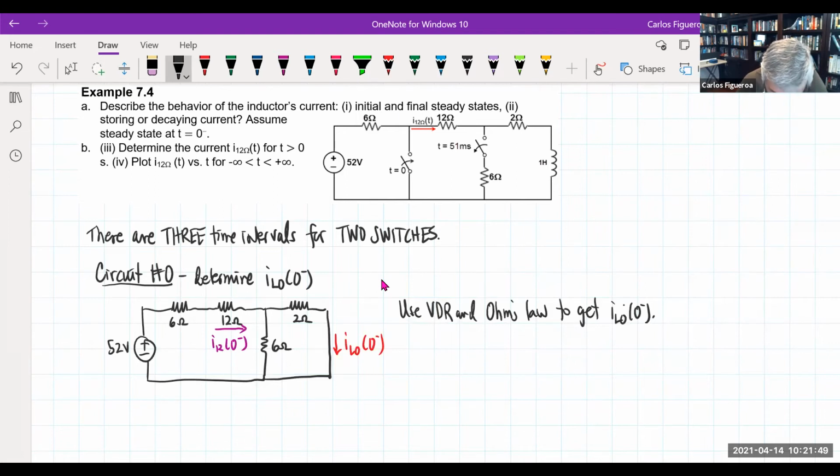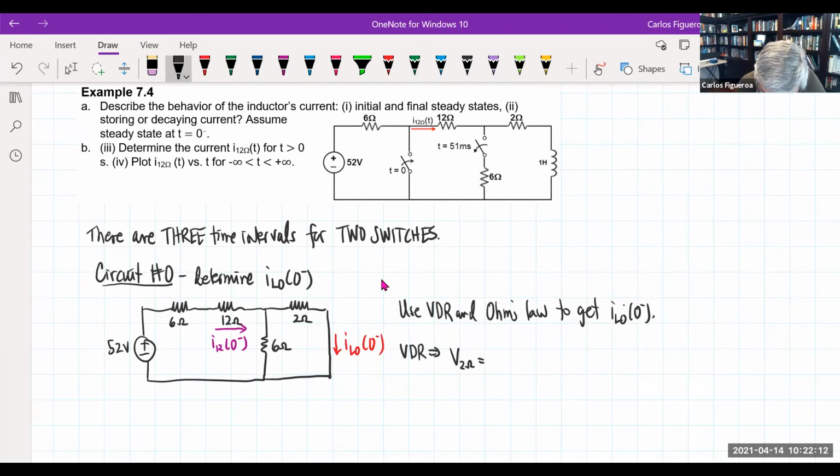I'm going to calculate the voltage across the 2 ohm resistor. VDR tells me the voltage across the 2 ohm resistor. Now look at this: I have a 2 and a 6 in parallel, in series with the 6 and a 12.